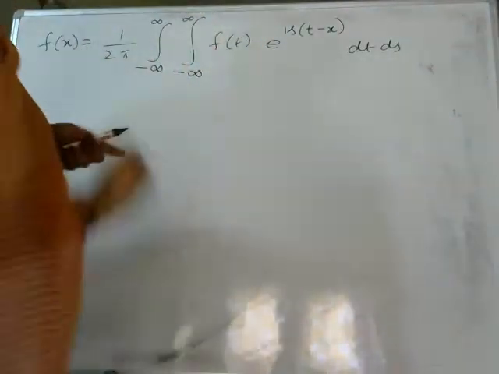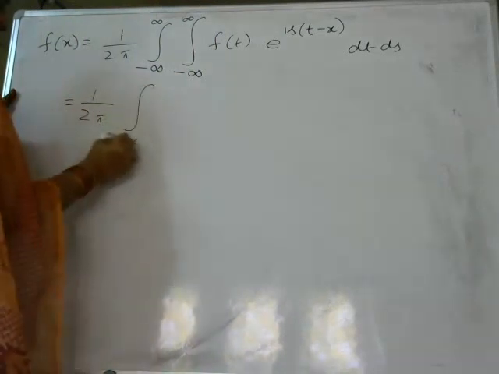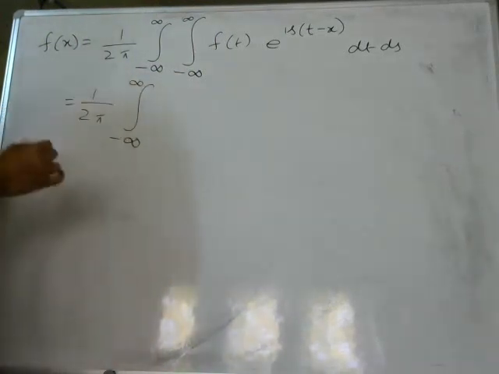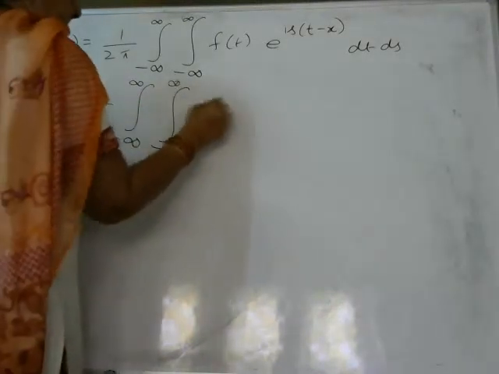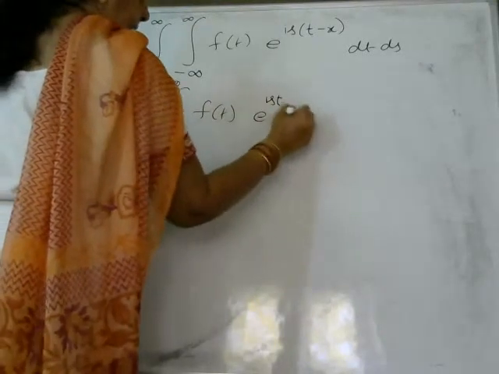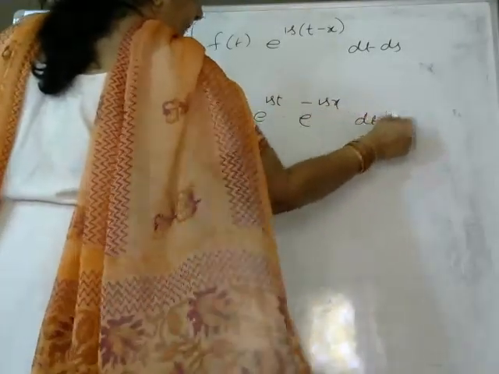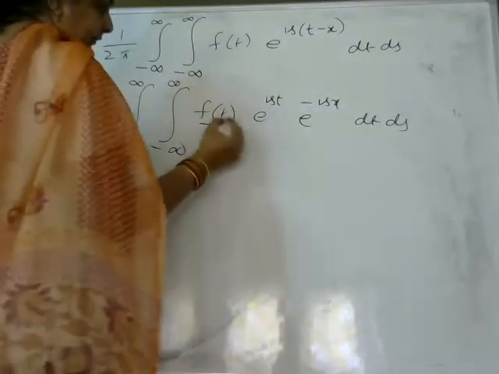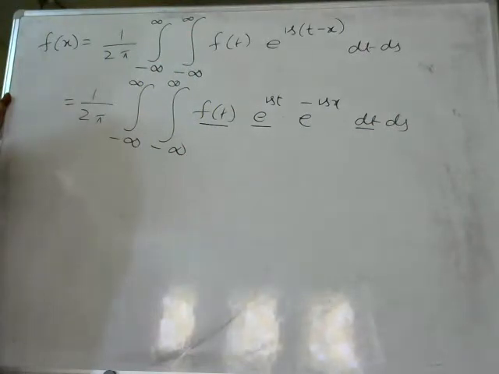Now what I do is I will write it separately. Integral of t separately, integral of s separately. Integral minus infinity to infinity, f of t, how can you write this value? e to the power of ist, e to the power of minus isx dt ds. See, this is a function of t with dt, that is one integral we'll write.